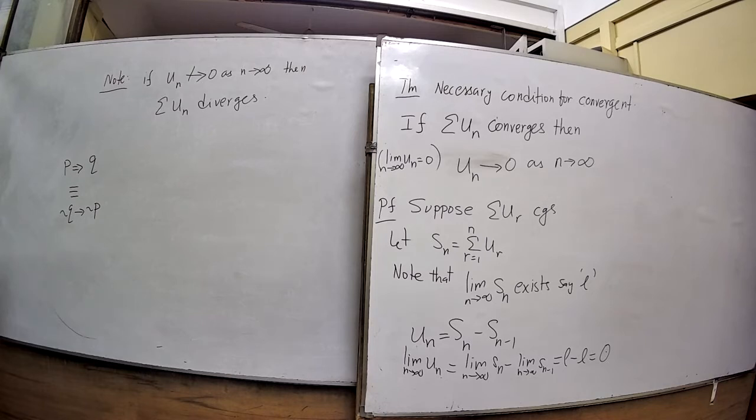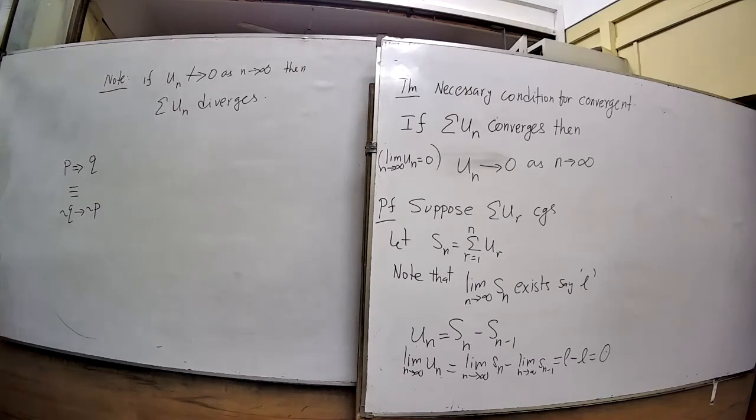And if you go to the negation of that, un does not go to 0 implies summation of un does not converge. If it does not converge, that means it diverges.